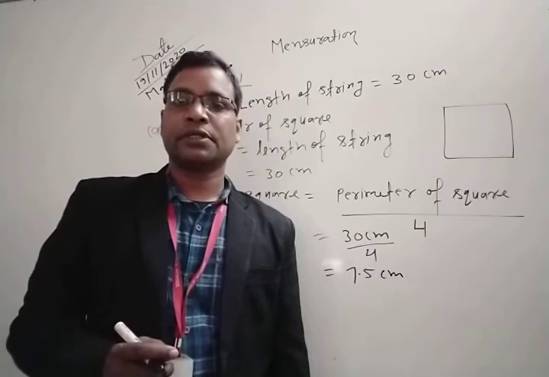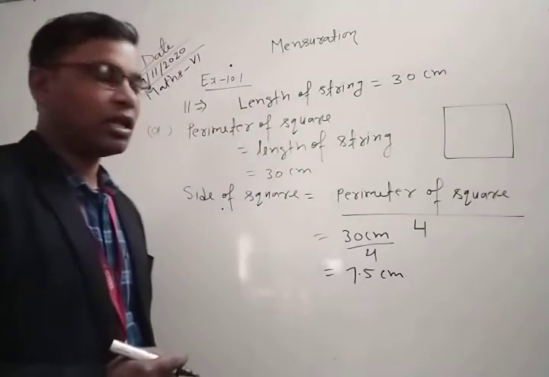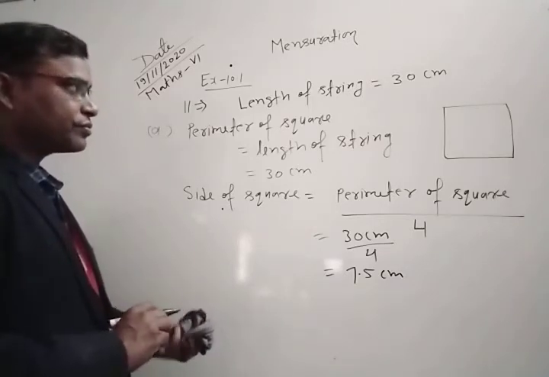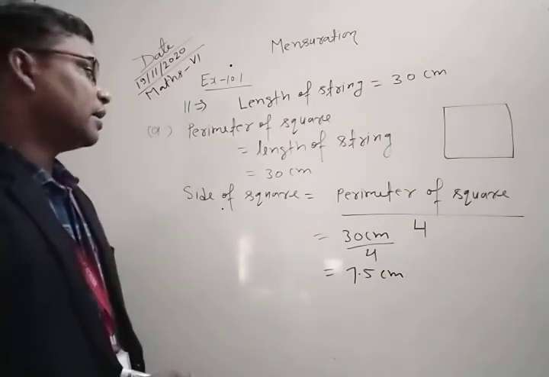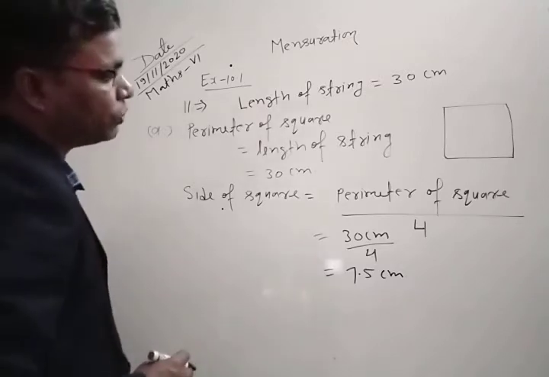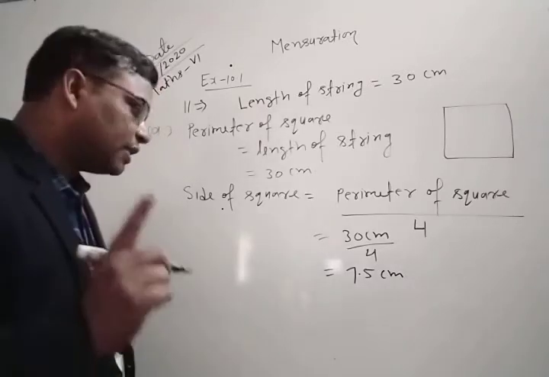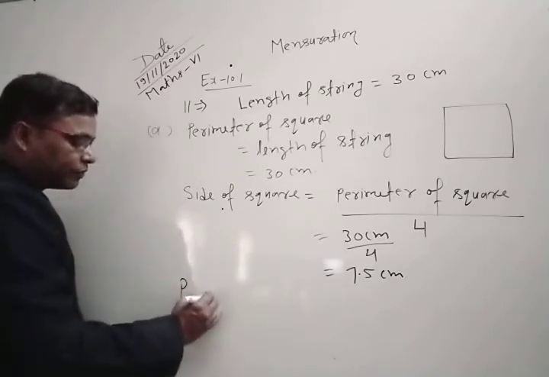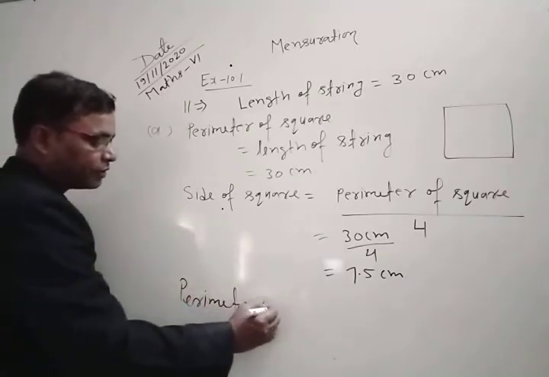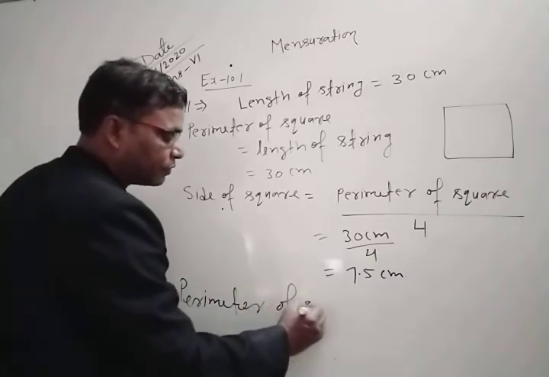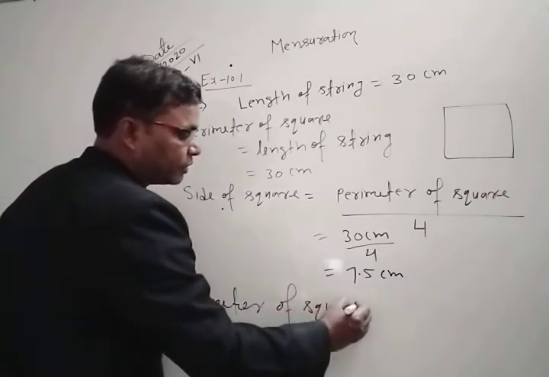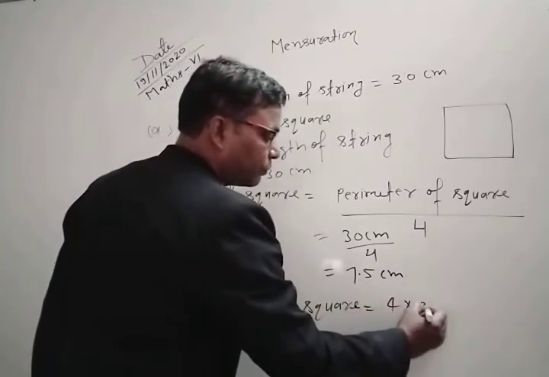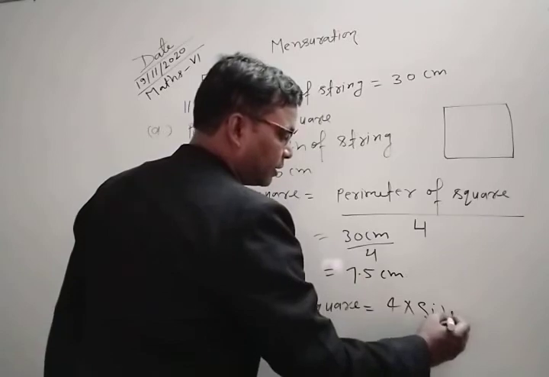This is clear? So student, I hope all of you understood how to find the side of a square whose perimeter is known. You know very well, the perimeter of a square is equal to 4 into side.